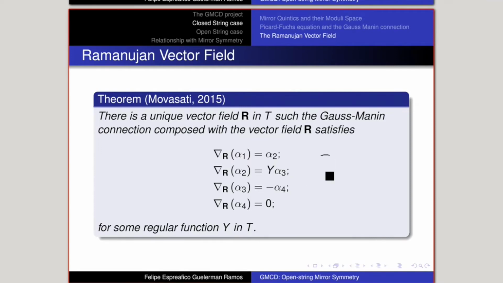The important thing about this form is that if you write it as a matrix, it's going to be something like this, with zeros and the rest all zeros. Probably people from mirror symmetry will recall this. It's exactly the same. It's the Gauss-Manin connection.